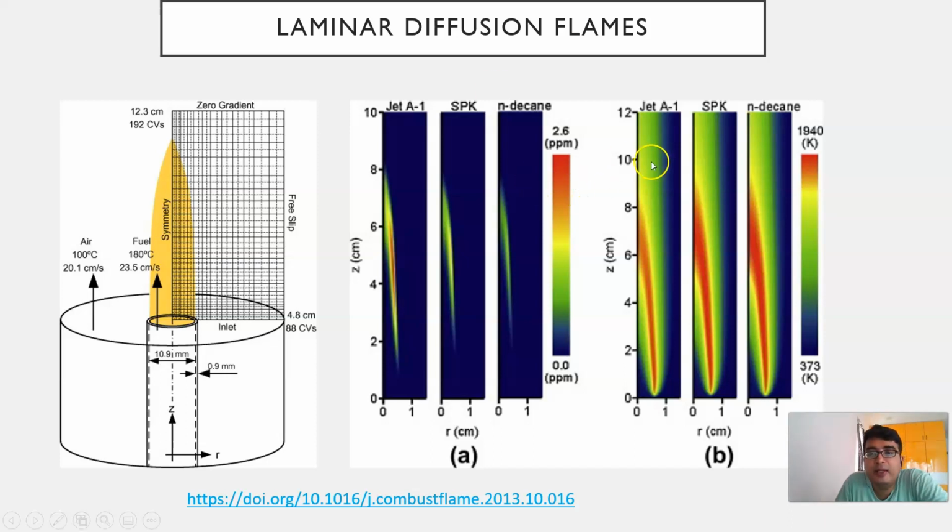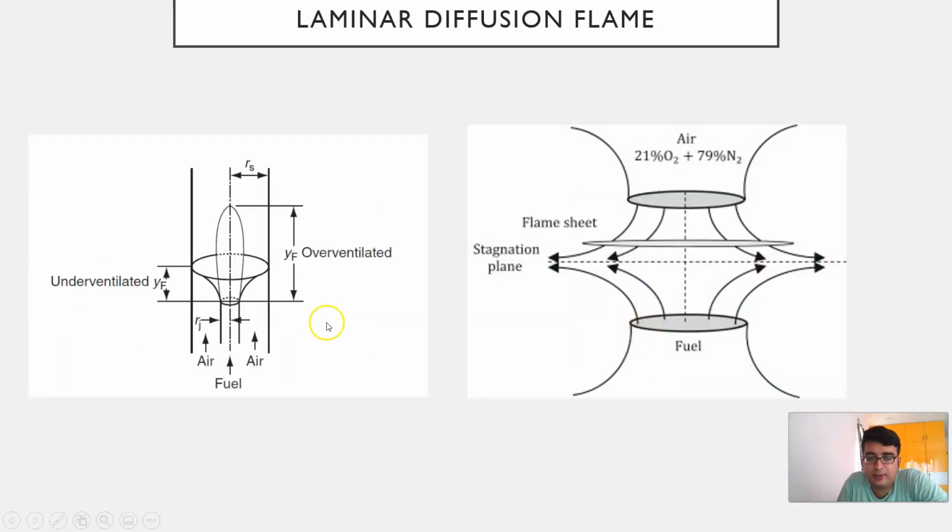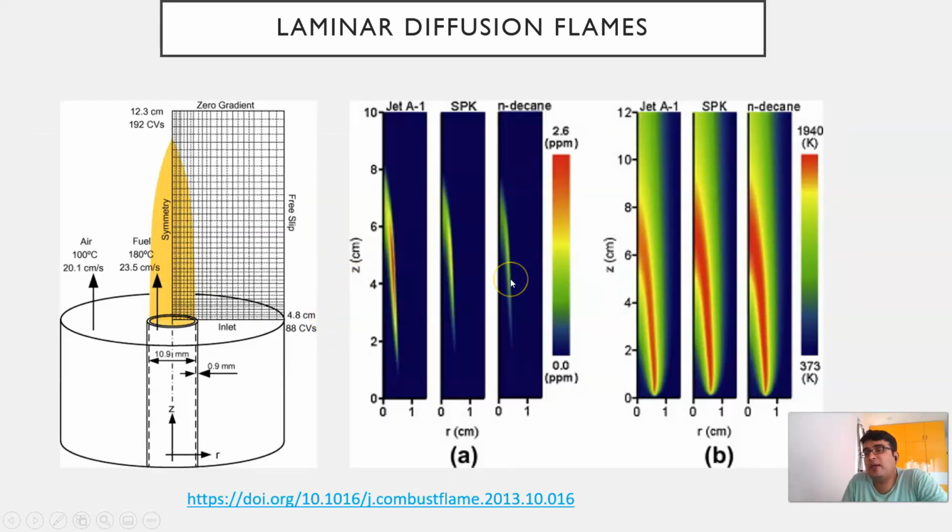If you look here, the flame front is in this region, and the soot generation region is slightly below, on the fuel edge of this flame front. That is where the stoichiometry is extremely rich, and there the fuel burns in a very rich mode and produces a lot of soot.